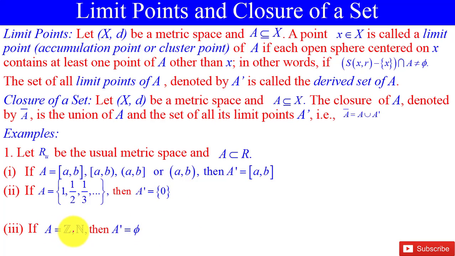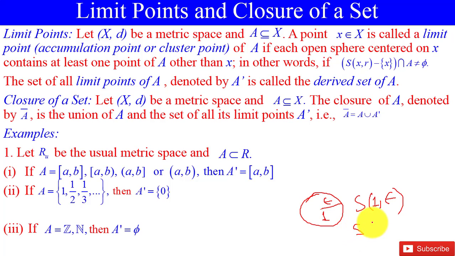If A is equal to Z or N, then A dash is equal to empty, because if we draw a sphere centered at 1, suppose this is S(1, epsilon), then this open sphere does not have any elements of Z or N other than 1.